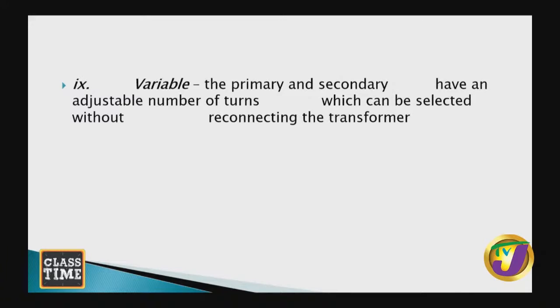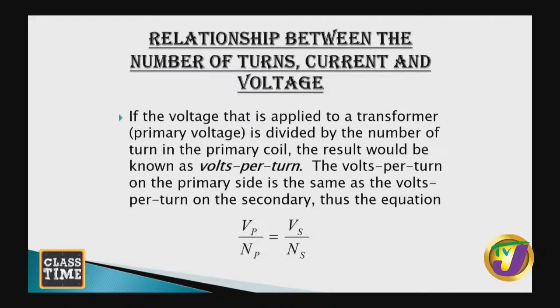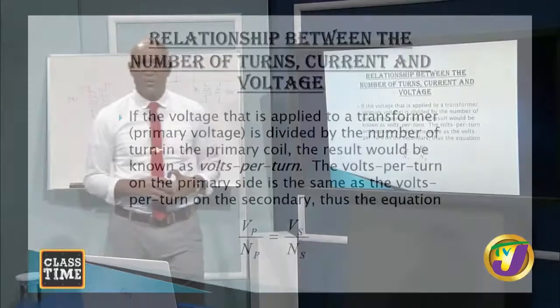Relationship between the number of turns in the primary, the number of turns in the secondary, the voltage in the primary, the voltage in the secondary, the current that flows in the primary, and the current that flows in the secondary.